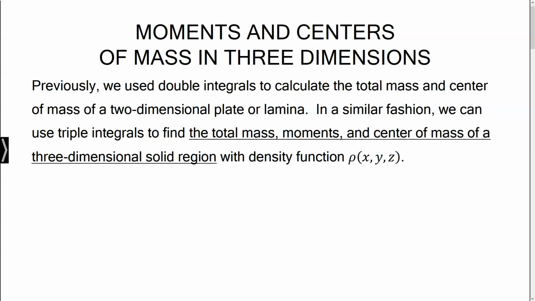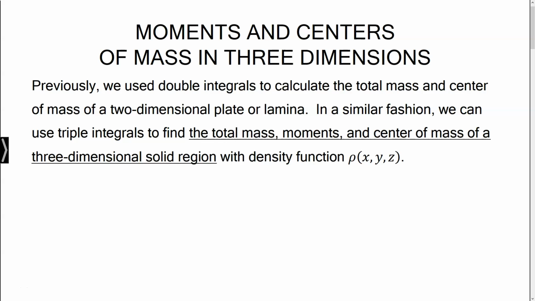The computations here are really similar. The main difference is that instead of having 2 moments about each of the coordinate axes, the x and y axis, we have 3 moments about each of the coordinate planes. So the xy plane, the xz plane, the yz plane.